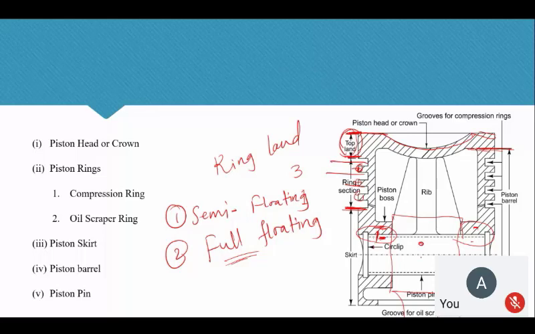So the full floating gudgeon pin is going to have motion between the boss part of the piston and the gudgeon pin, as well as the connecting rod.